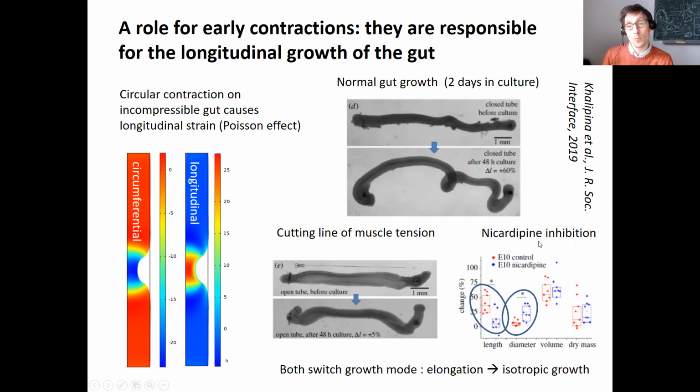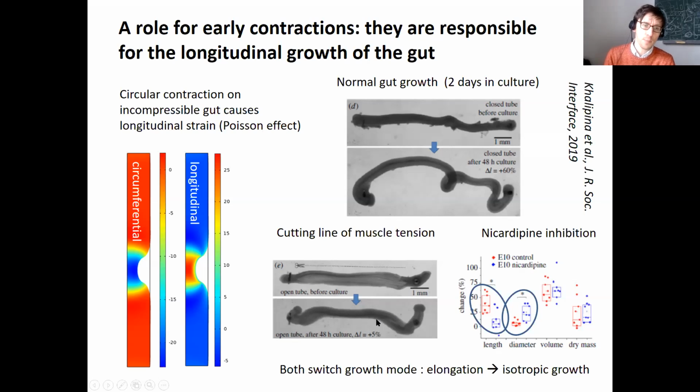If we inhibit them with nicardipine, we abrogate lengthening and instead get a diameter increase. So it's still growth, but by getting fatter in a way. Similarly, if we cut the line of muscle tension by cutting one of the gut walls, we still get growth, weight increase, volume increase, but no lengthening, it's thickening.